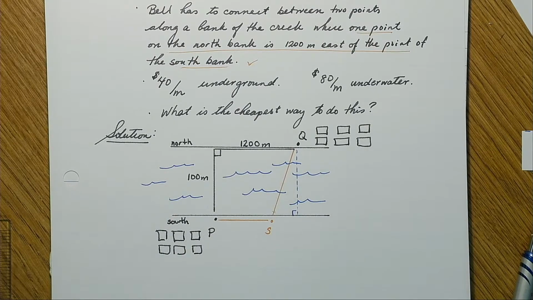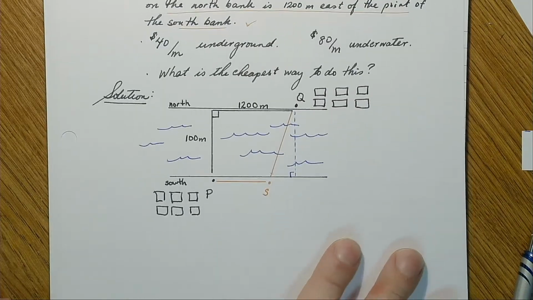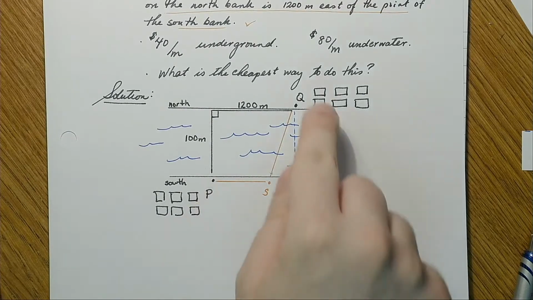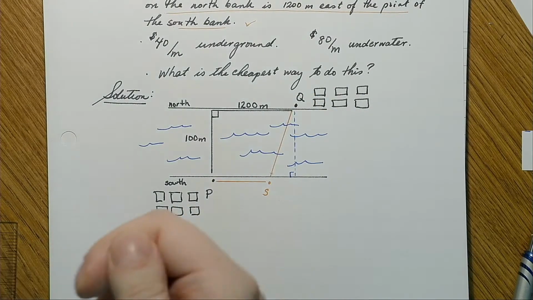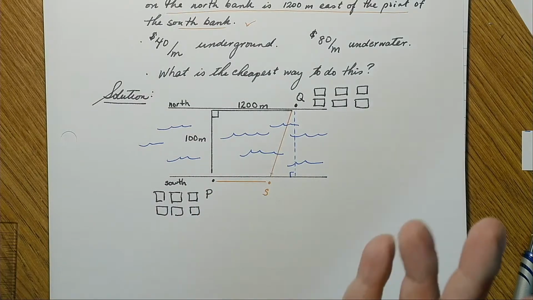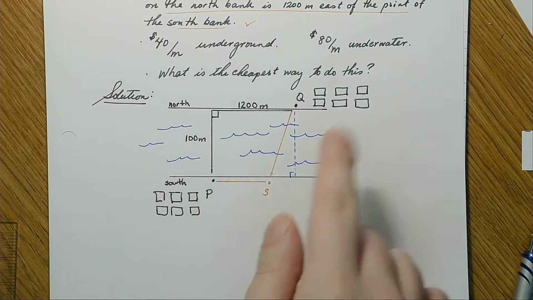And again, we start to do the same idea. Now that we've got our diagram, I've got P, Q, and S is going to be my midpoint where I switch from going underground to underwater.